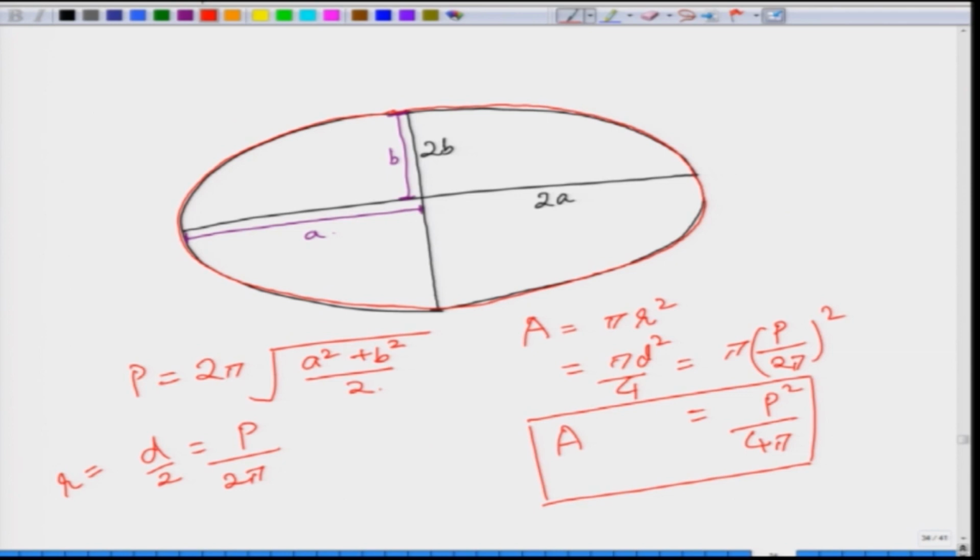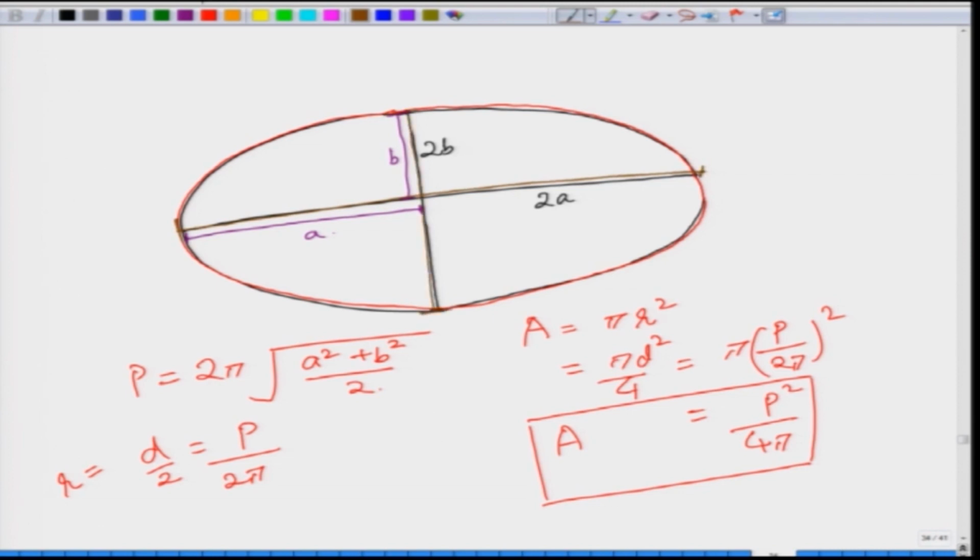Now, when you are using a tape, this is the area that you get. When you are using the calipers, what you are measuring is two of these lengths. So, you measure it at the major axis and you measure it at the minor axis.